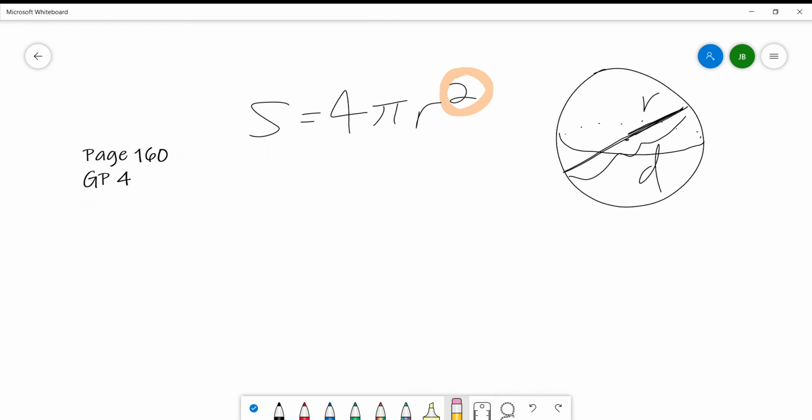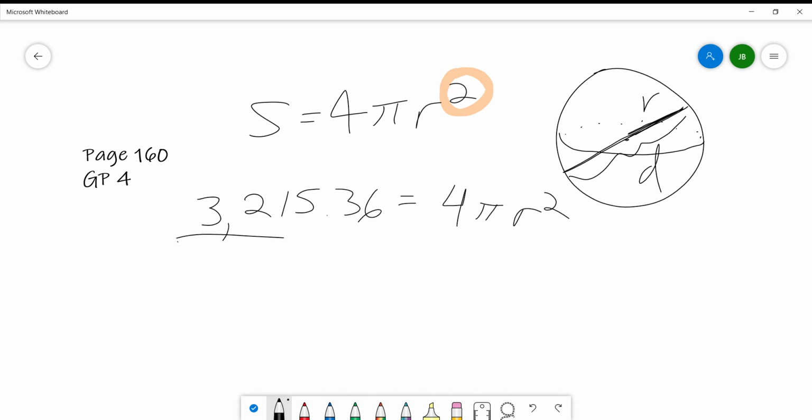It's 3,215.36 equals 4 pi r squared. So we're going to divide both sides by 4 pi, but it's going to be 4 times 3.14, our approximation.